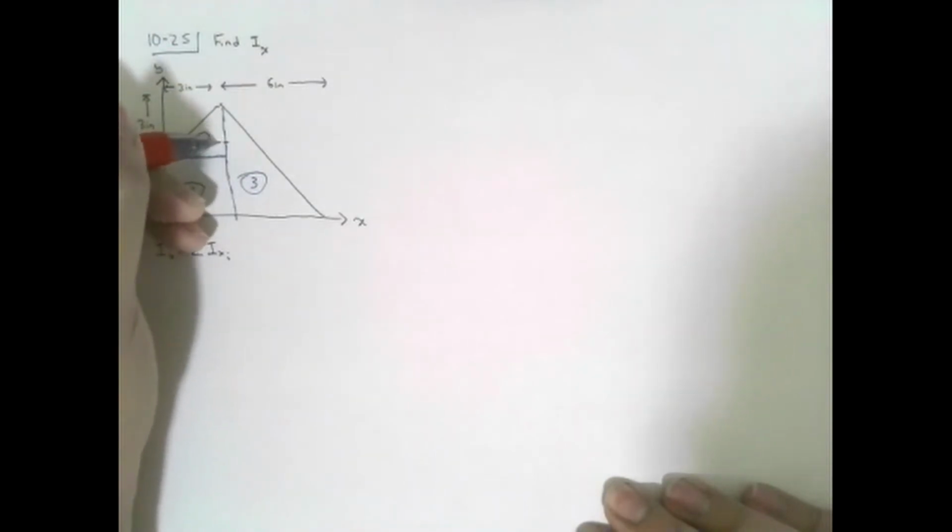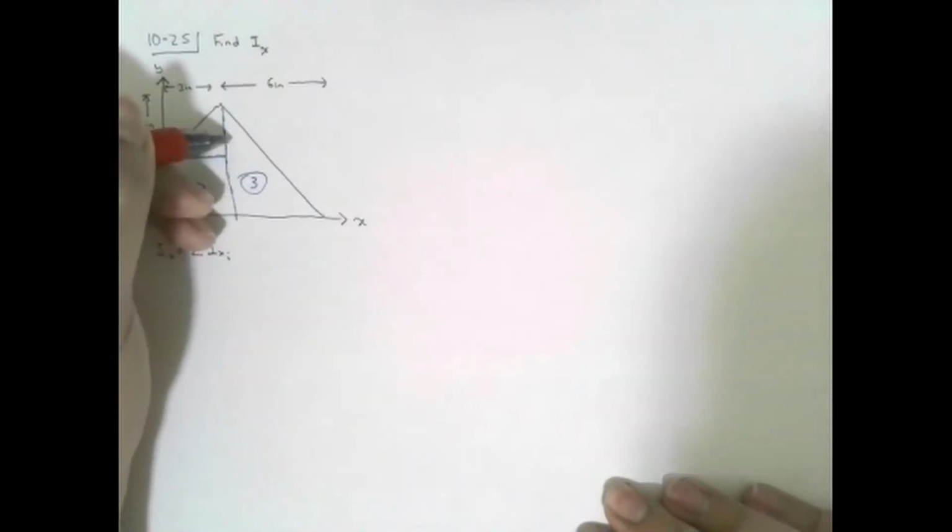If you look in the back of your book, you can find the moment of inertia about the centroidal axis for triangles and for rectangles. In other words, we're going to try to find moments of inertia about an axis that passes through the centroid for this triangle, through the centroid for this rectangle, and through the centroid for this triangle. So if you have your book with you, do you know what the moment of inertia for the centroidal axis for each of these triangles is?